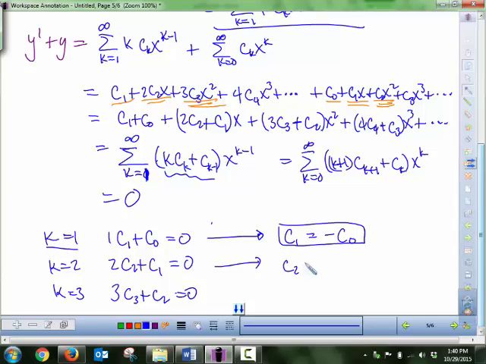I just want to solve for it real quick. c sub 2 is negative c sub 1 divided by 2, right? Well, if I'm solving for this when it's set equal to 0, let's replace c sub 1 with negative c sub 0. So c sub 2 is positive c sub 0 over 2.